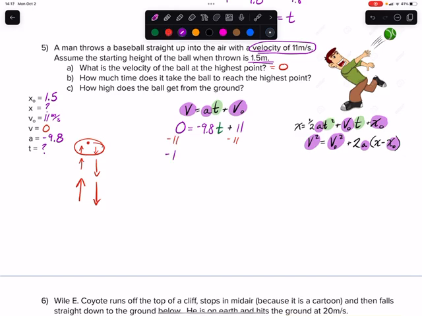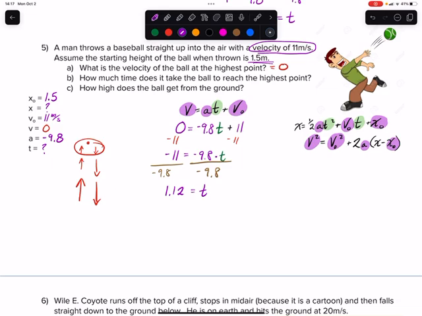And I have negative 11 is equal to negative 9.8 times time. To get that moved to the other side, I need to do the opposite of multiplication, which is division. And I get 1.12 is my time.